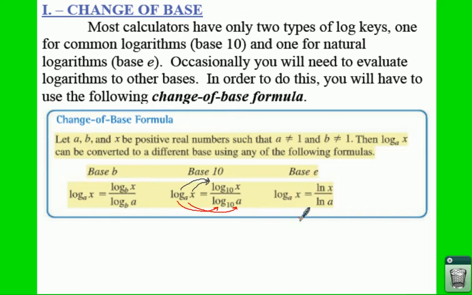You can also use the base e, or your natural logs, where you write log base e of x on top, and on the bottom, log base e of a.